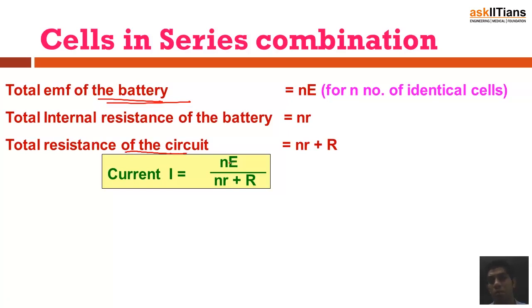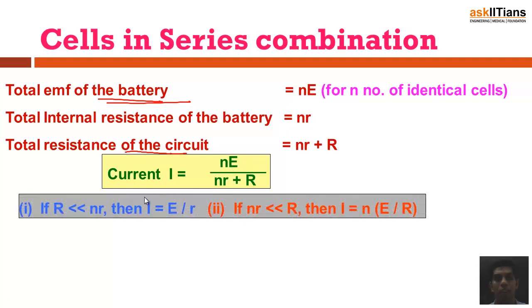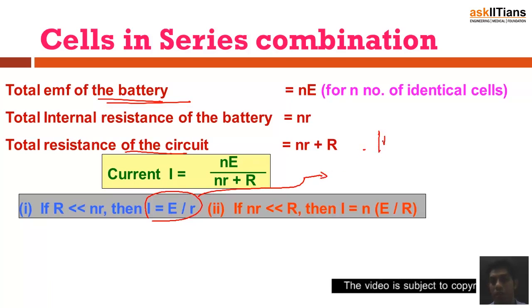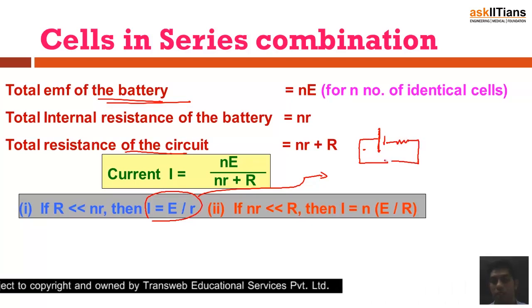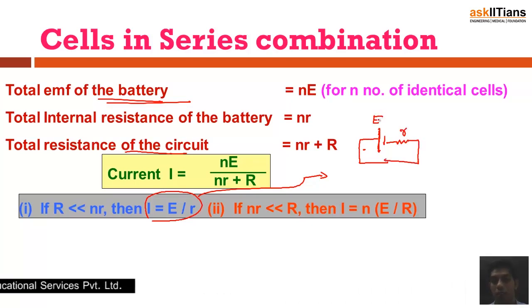So if we apply some special conditions to it, that is, if let's say the external resistance is much less than the internal resistance, then we get the current to be E by r. That is simple. This looks like this: there is an EMF of E, this is the internal resistance r, and this is a cell of EMF E. So this gives us an idea that there is a cell which has been short circuited, that is, its two ends are simply connected.